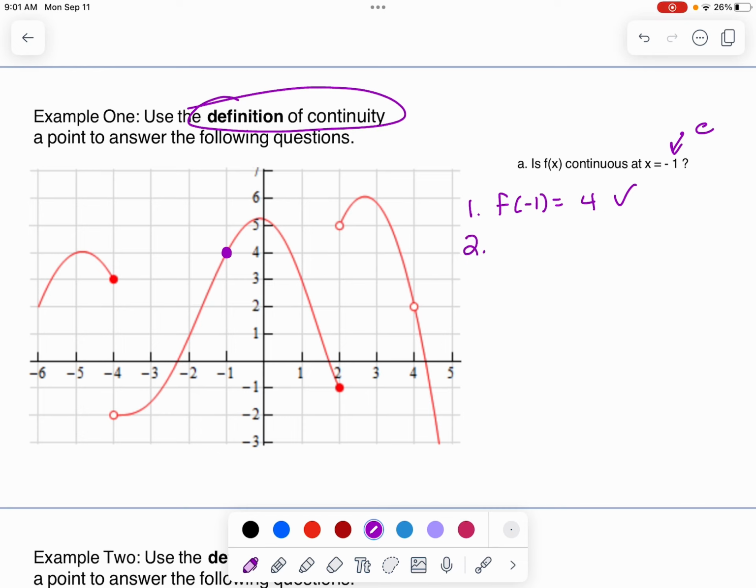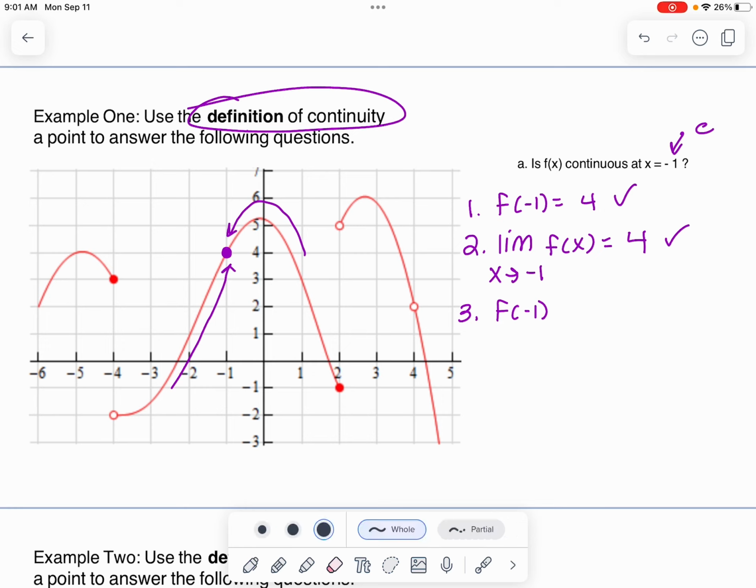The second thing we have to think about is, does the limit exist? As we approach -1 from the left hand, it goes to 4. As we approach from the right hand, it also goes to 4. So the limit does exist, it is 4. So we've met our first 2 conditions. Finally, our last condition is, does f of -1 equal the limit as x approaches -1 of f of x?